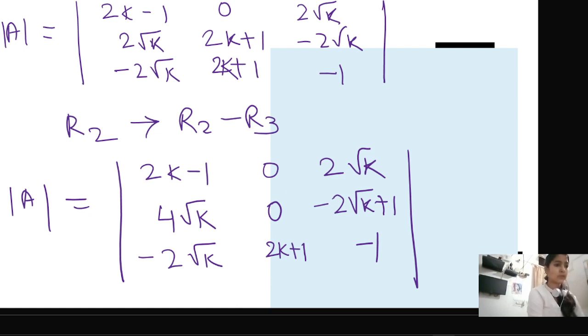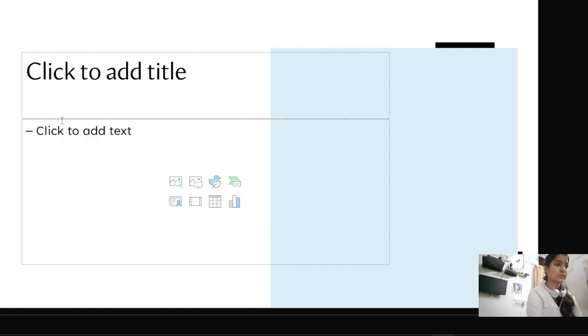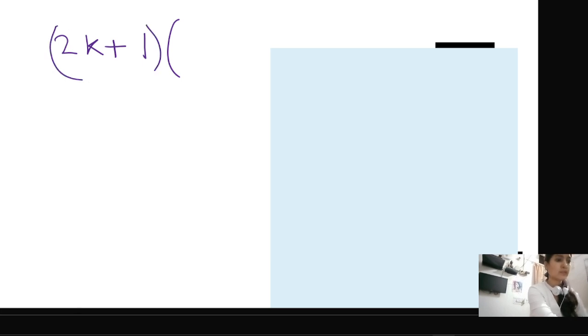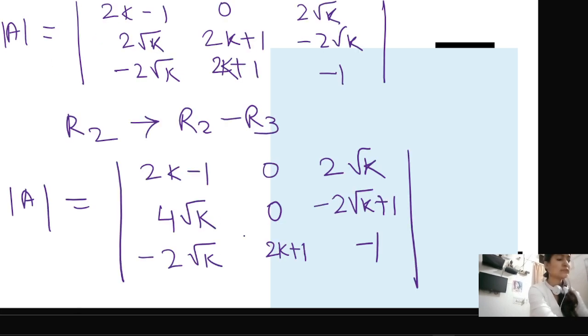Okay. So we are going to take a new slide. So what we are getting here when we are going to open, let me write directly here, 0, 0, 0. So 2k plus 1. See this one here. This one is here, third row, second column. So we are getting with the negative sign, plus minus plus minus plus minus plus minus. Okay, so we are getting with the negative sign here.